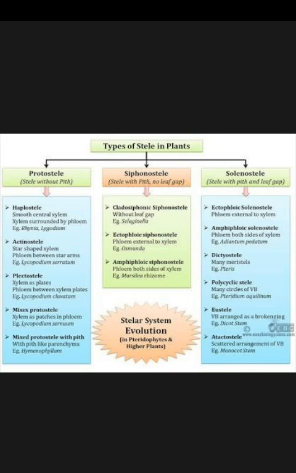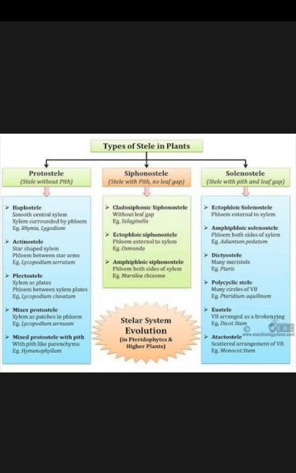What are they? Further, protostele can be categorized into different subgroups: haplostele, actinostele, plectostele, mixed protostele, and mixed protostele with pith. Haplostele is the stele which has a smooth central xylem that is surrounded by phloem. The examples of haplostele are Rhynia and Lygodium.